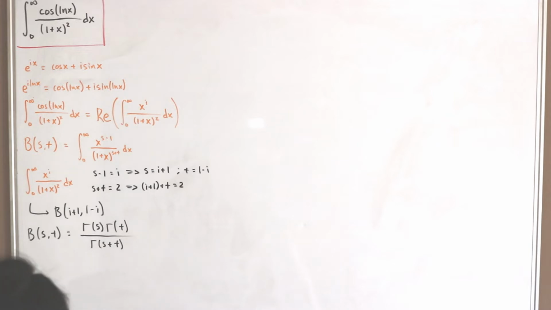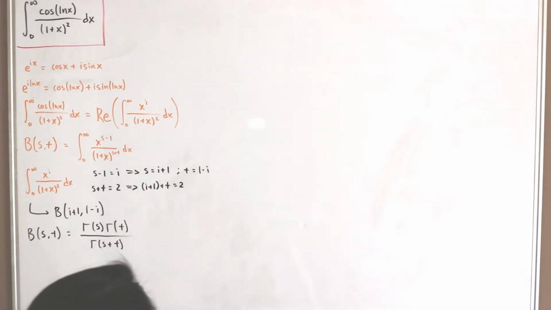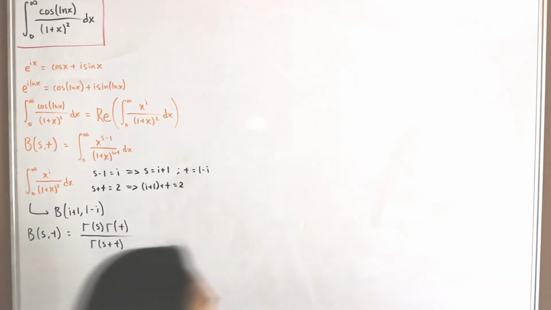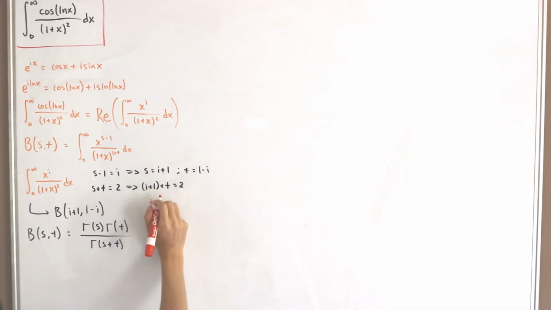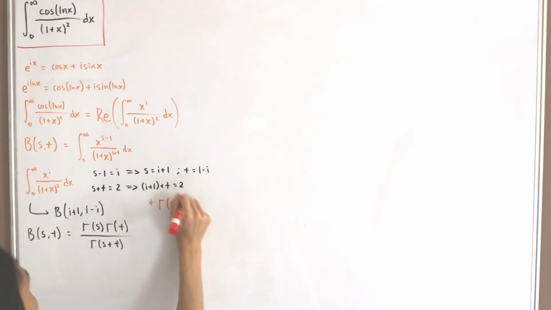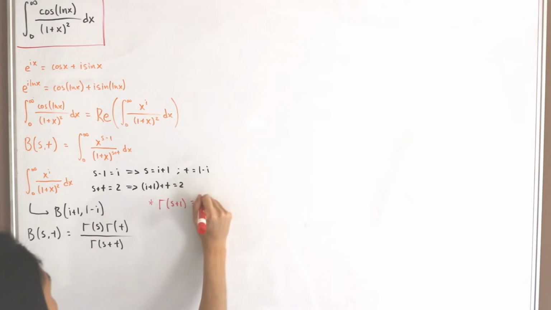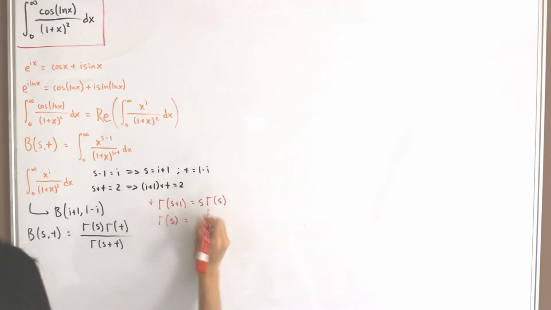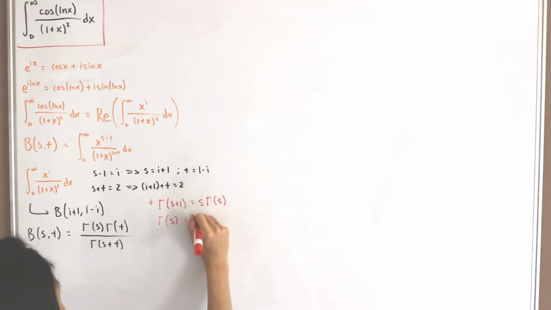And then I'm going to use a couple of facts about the properties of gamma functions. I'll write this in red. We know that gamma of s plus 1 is equal to s multiplied by gamma of s. Another property we know is that the standard definition of the gamma function of s specifically is just s minus 1 factorial.